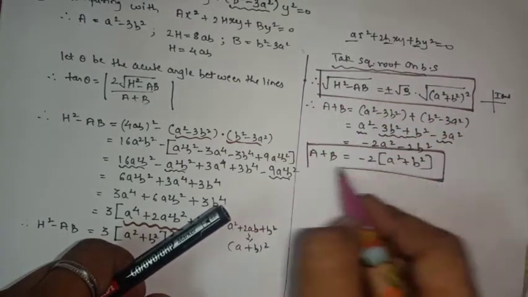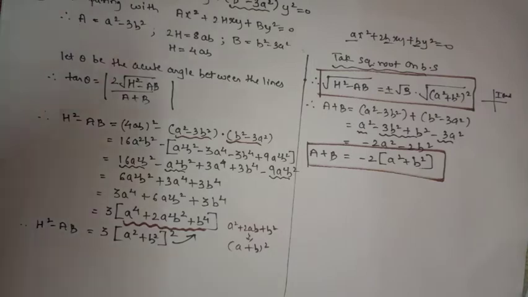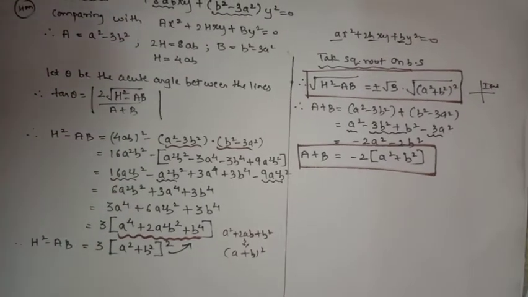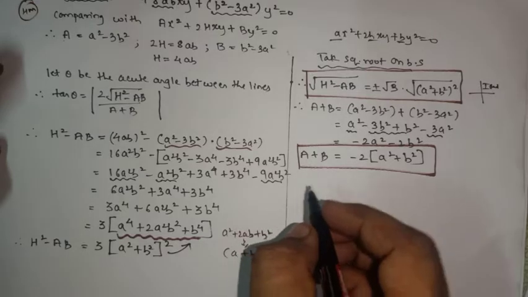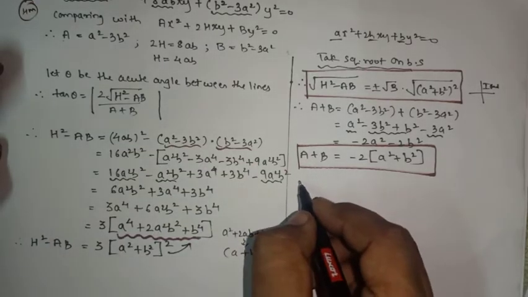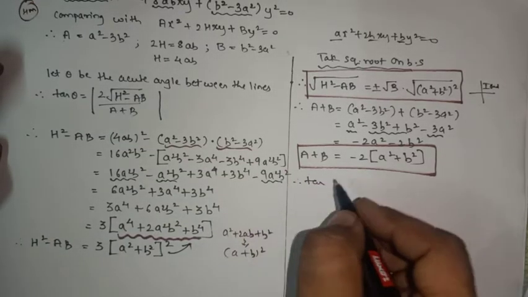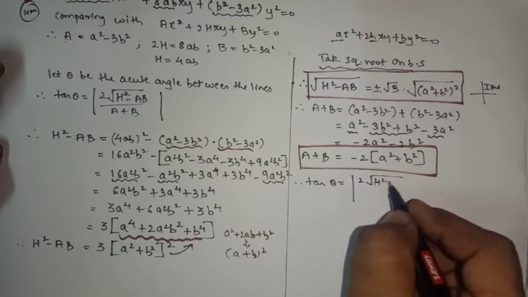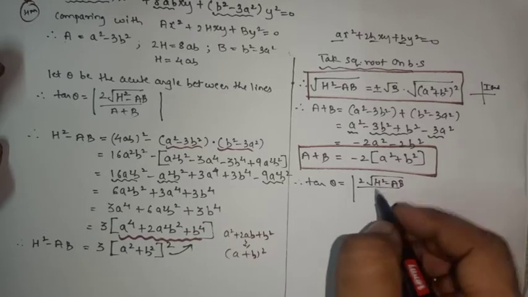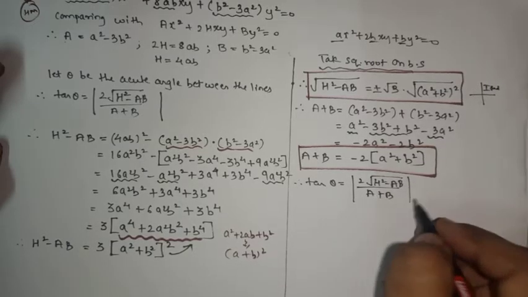Okay, so now in the next step, substitute the value here. If you want, you can write the formula again. Tan theta is equal to twice square root of h square minus ab upon a plus b.